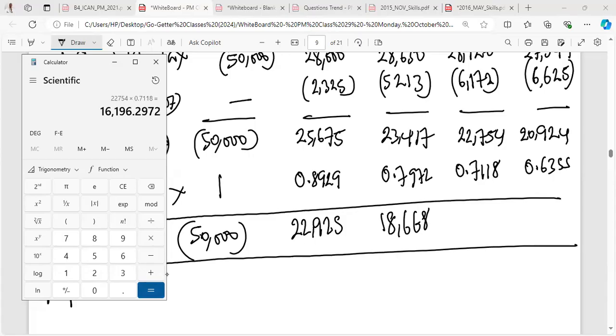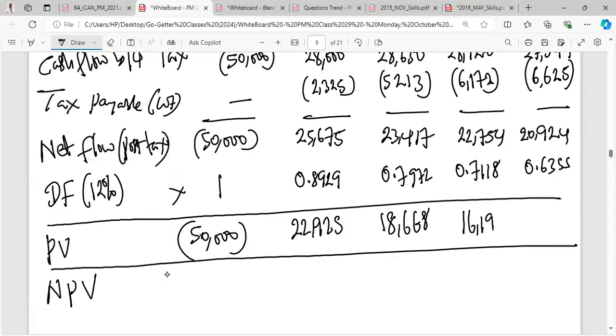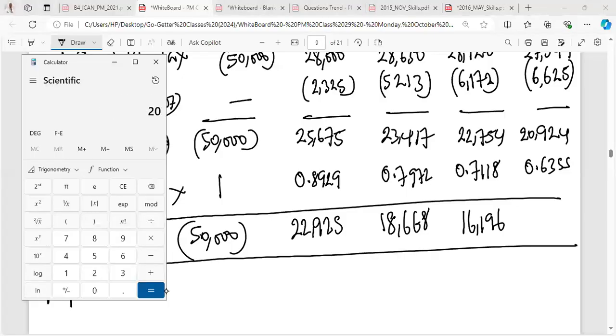That will give me 16,196. And the last one will be 20,924 multiplied by 0.6355. That's 13,297.